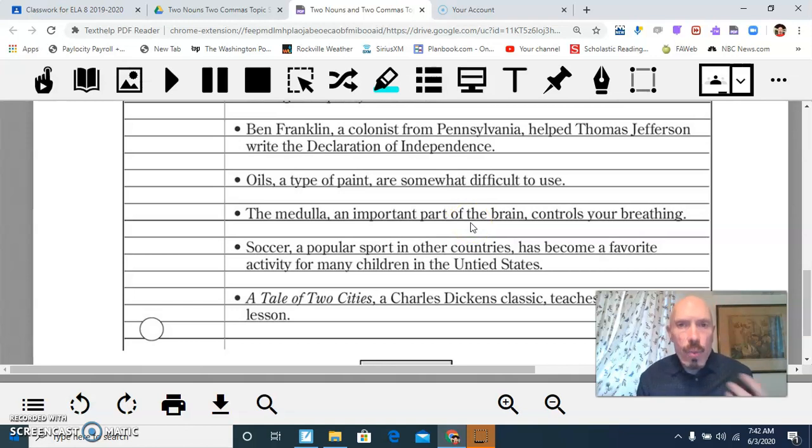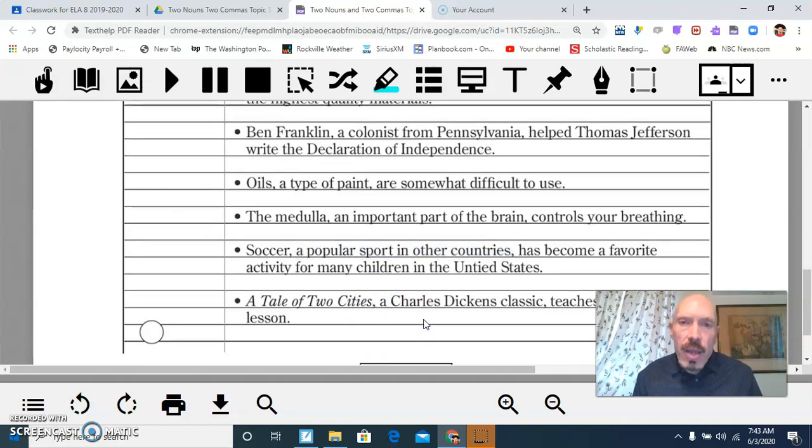But still, we're largely using this strategy as focused on the subject of a sentence. Soccer, comma, a popular sport in other countries, comma, has become a favorite activity for many children in the United States. Again, the phrase has a noun, it might have adjectives, but there's no action word, okay?